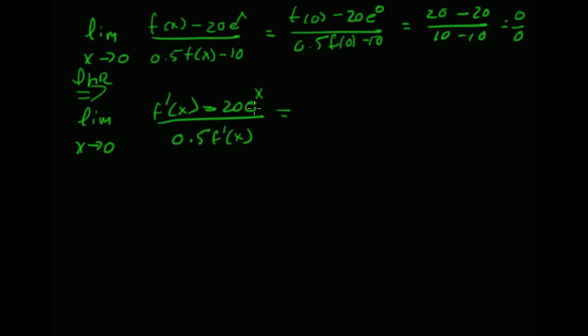So f prime of 0 is 4 according to the table. E to the 0 is 1, so that's just going to be 20. And half of 4 is 2. So this is negative 16 over 2, which is negative 8 by L'Hopital's rule. So that completes problem number 3.